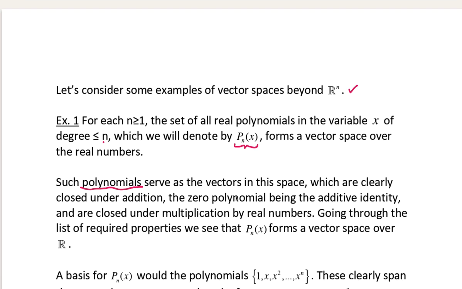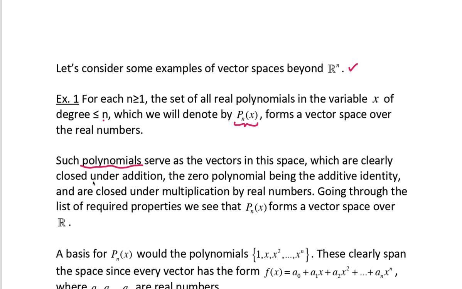So it's closed under addition. What's the zero polynomial? That's the polynomial that's always zero, so that's the zero function, really. For all values of x, the value of the function would be 0. Or you could think of all of the coefficients being 0, making up the polynomial. That would be the additive identity. The addition would be commutative, right?